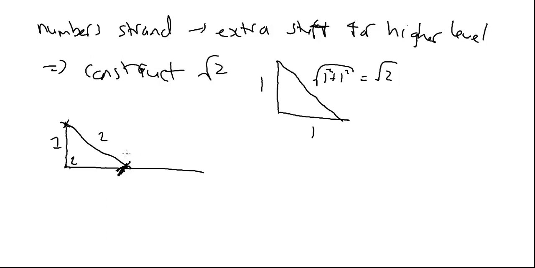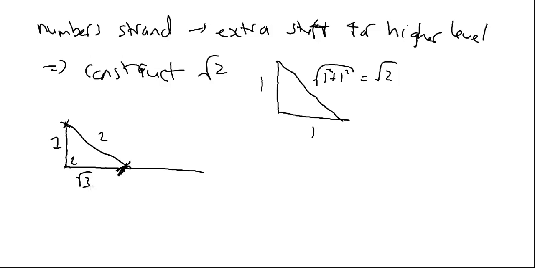The point being that this time the hypotenuse is of length 2 by construction, because between this point and this point you used a compass which was set at 2 units. This length is 1, so then this length is going to be the square root of 3.